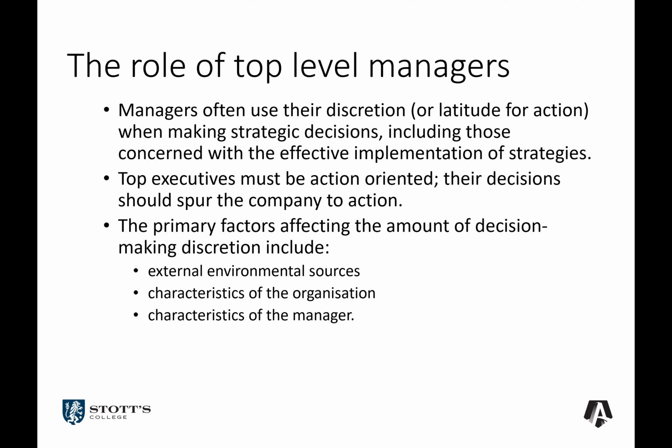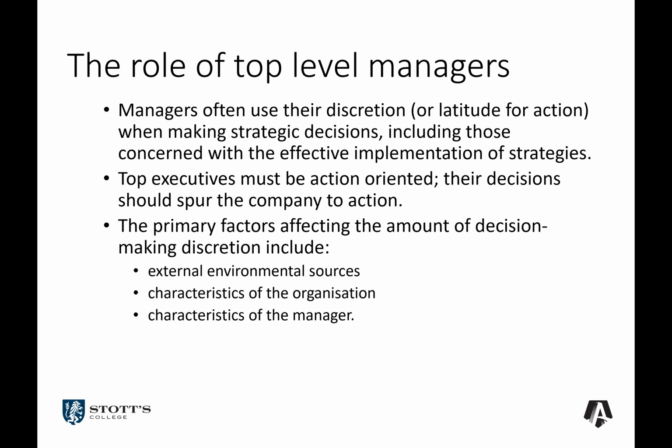There are external environmental sources that create factors that limit the manager's ability to make decisions. There are characteristics of the organisation that limit the manager's ability to make decisions.